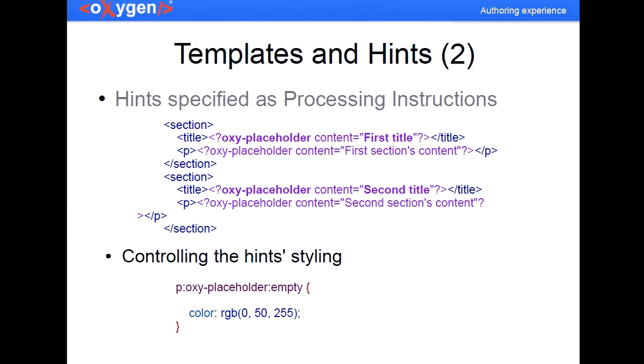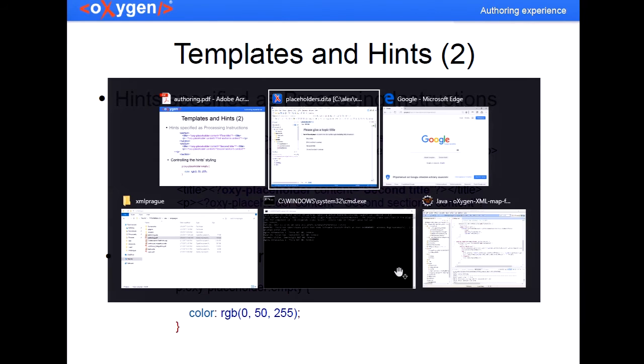You can also control a bit the styling for these hints, if you so desire. This placeholder will be converted, so we'll keep them as a custom pseudo class with the name oxy placeholder. What this means is that you can write CSS rules to control the styling for an element with a placeholder on it.